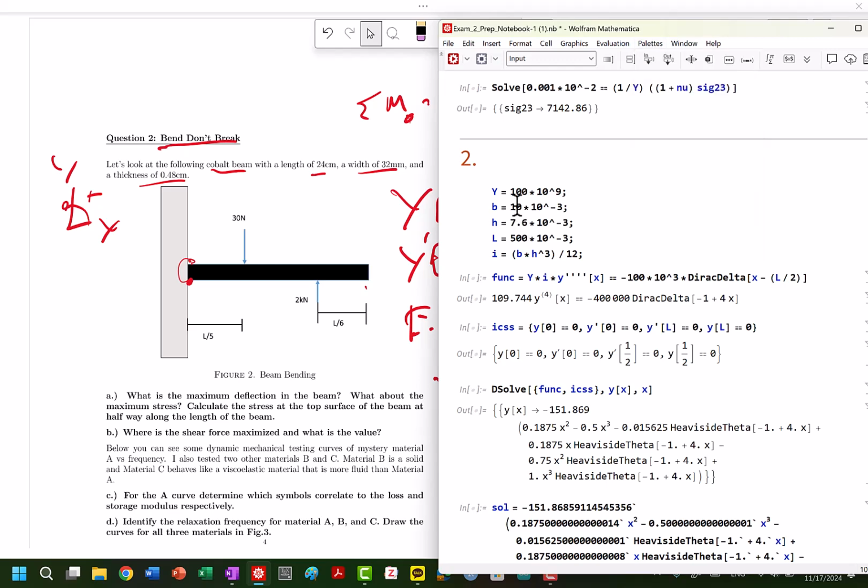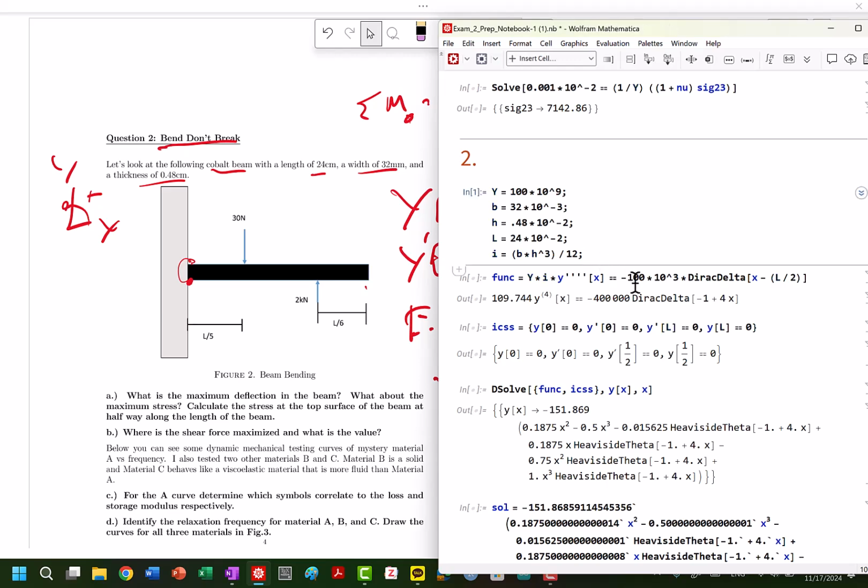The length of the beam is equal to 24 centimeters, 24 times 10 to the minus 2. The width of our beam, B, is going to be equal to 32 millimeters, and the thickness, H, is equal to 0.48 times 10 to the minus 2 meters.